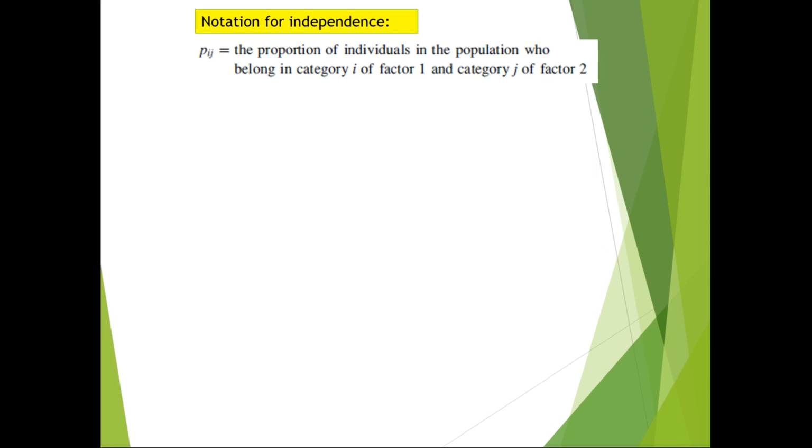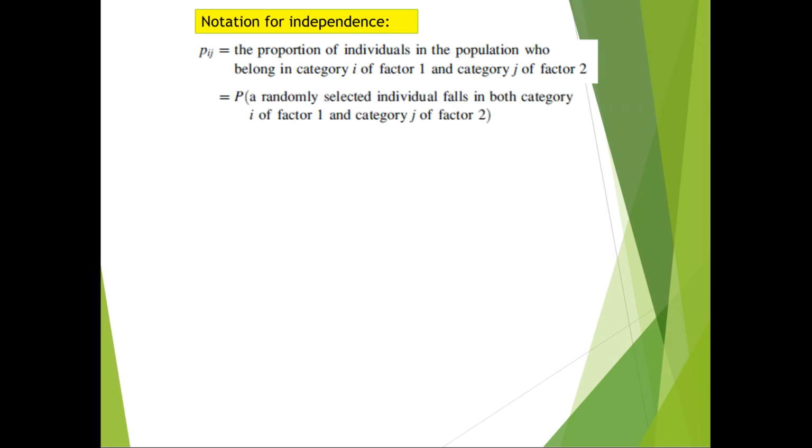We have the number of individuals in the sample who belong in category I of factor 1 and category J of factor 2. So we need to determine the proportion, the probability of falling within this specific cell. So that's saying, in terms of probabilities, that this proportion of individuals falling in this specific cell is the probability that a randomly selected individual falls in both category I of factor 1 and category J of factor 2.